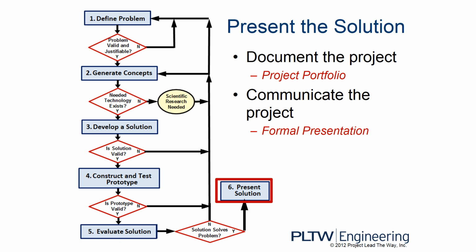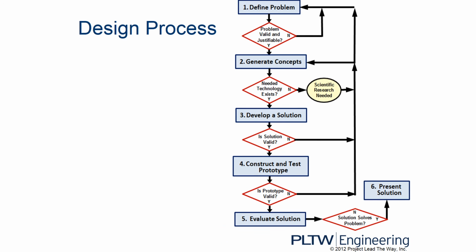We now need $2 million to implement it. Can I have $2 million? And let me tell you, how comfortable are you giving somebody $2 million? So you need to be able to justify how you're solving the problem, why you're solving the problem, and why your solution is the best way to go forward. That's the end of the design process.